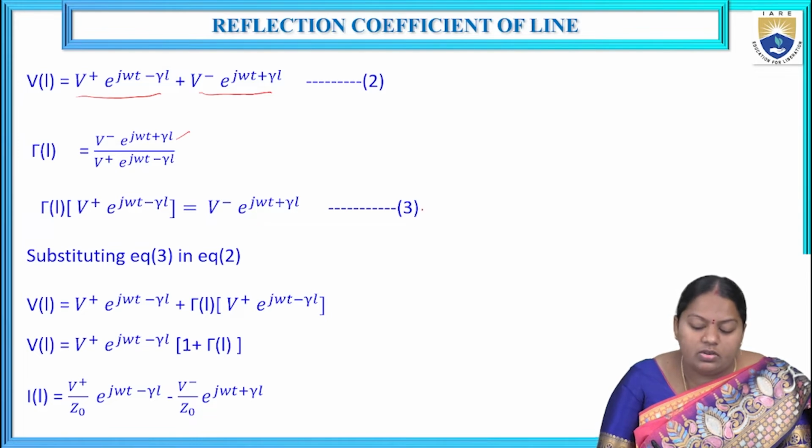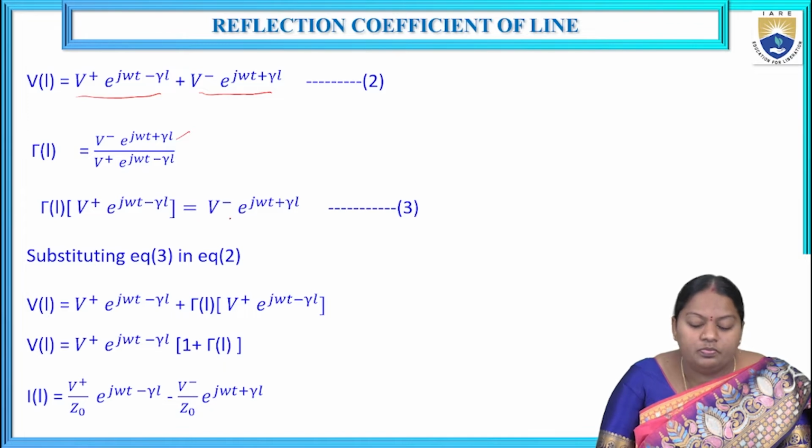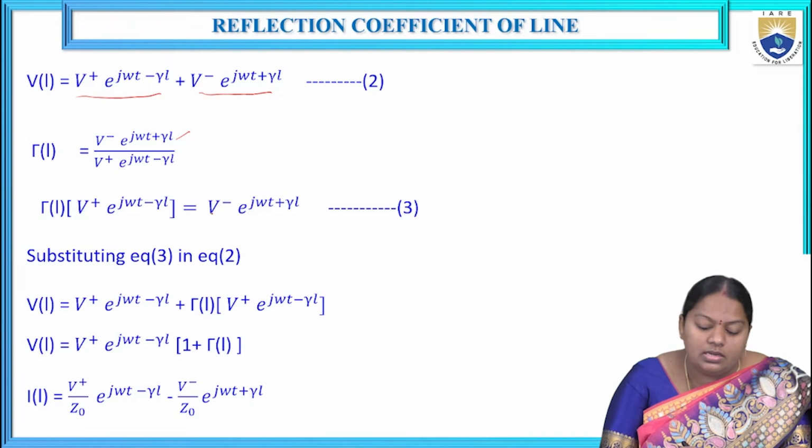Now consider this as equation number 3, another relation. Now by substituting equation 3, gamma of L into V plus e power j omega t minus gamma L equals V minus e power j omega t plus gamma L. So this is the term which is existing in equation number 2.